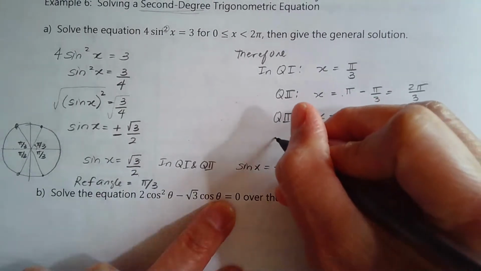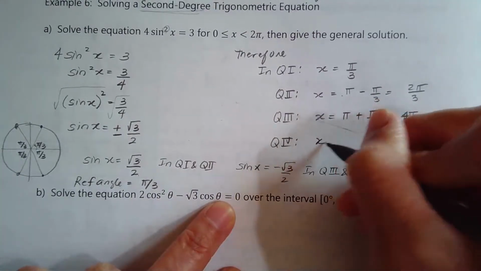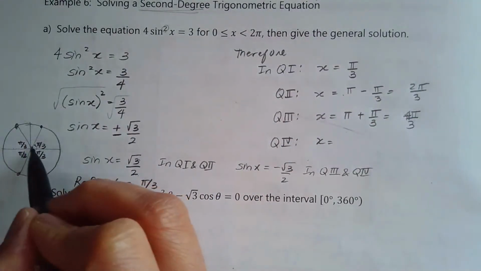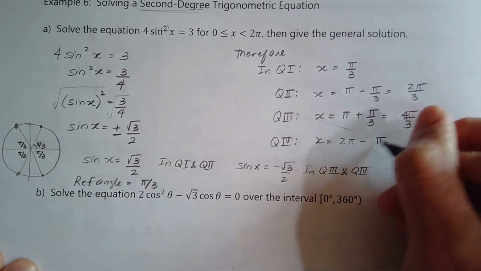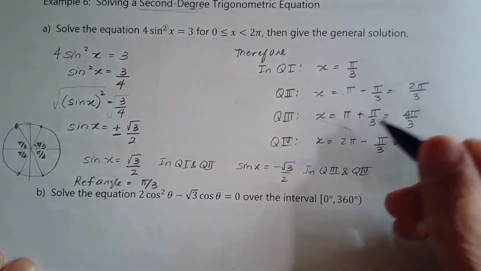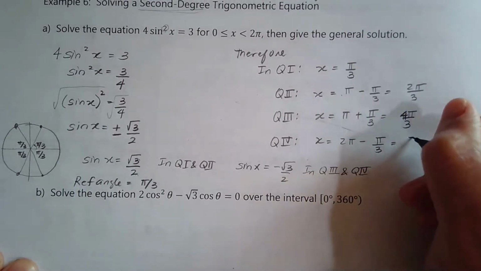And then in quadrant 4, it's all the way 2 pi minus pi by 3, so that's 6 pi over 3 minus pi over 3, so it's 5 pi by 3.